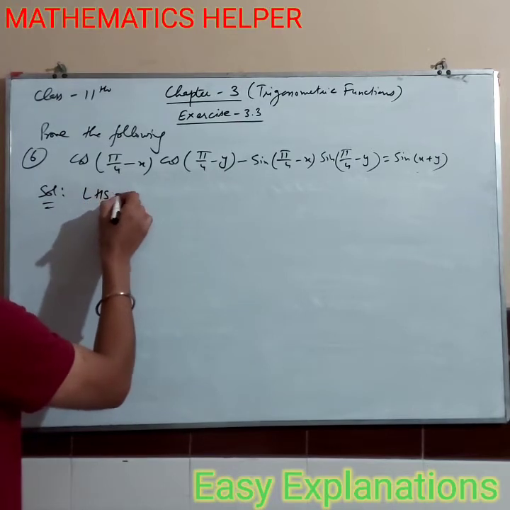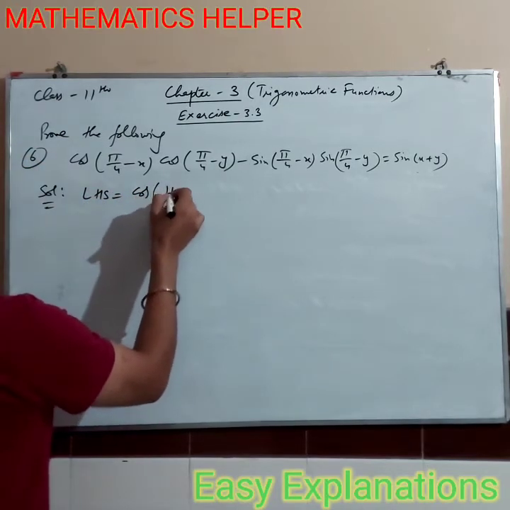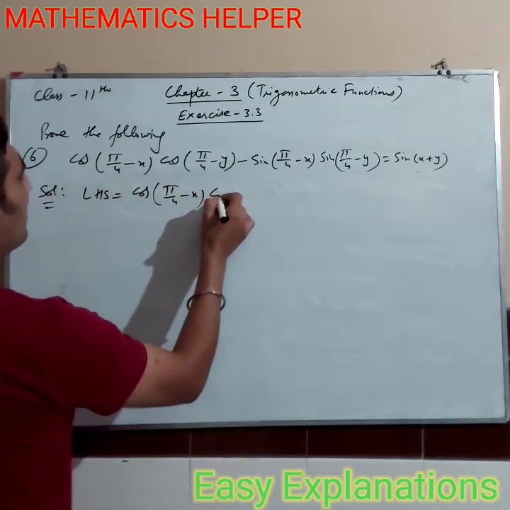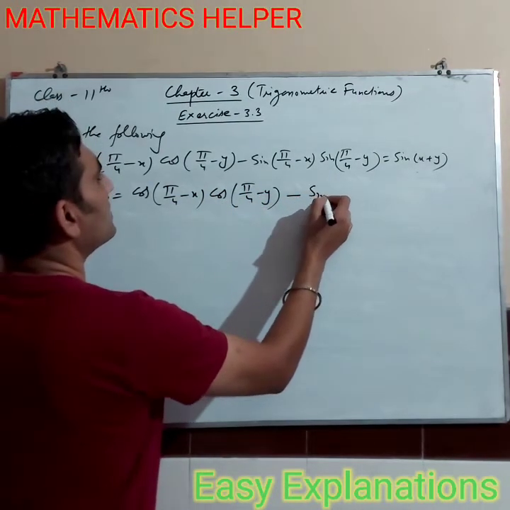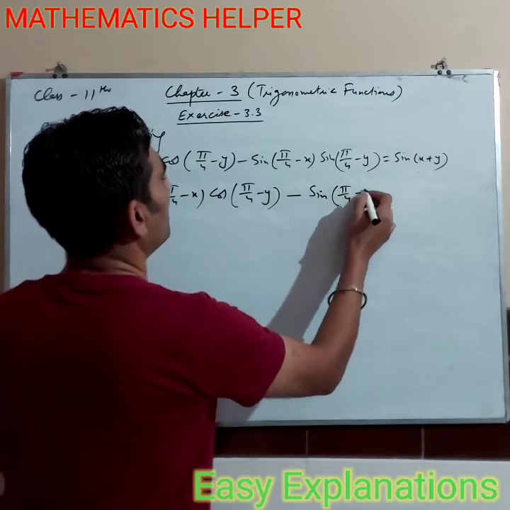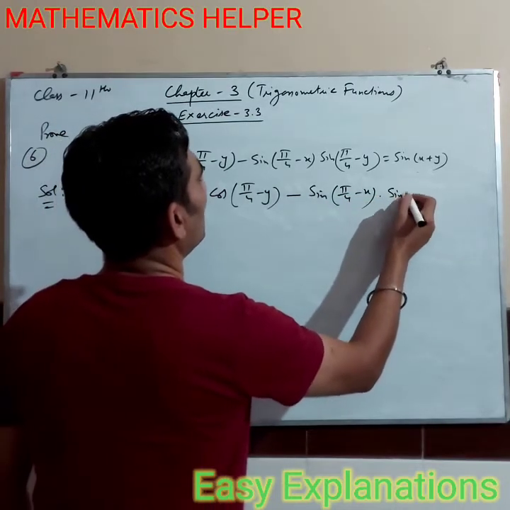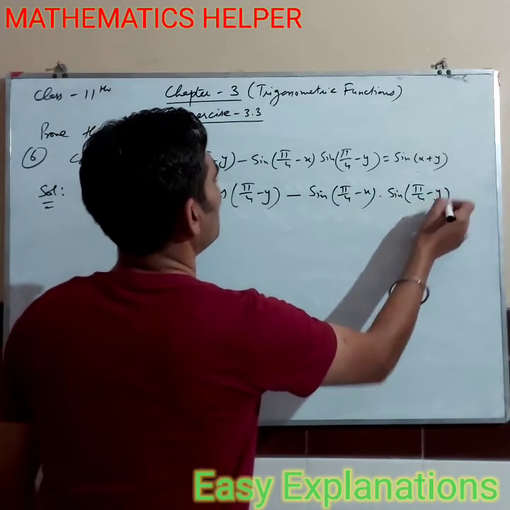The left hand side of the equality is cos of pi over 4 minus x times cos of pi over 4 minus y, minus sin of pi over 4 minus x times sin of pi over 4 minus y.